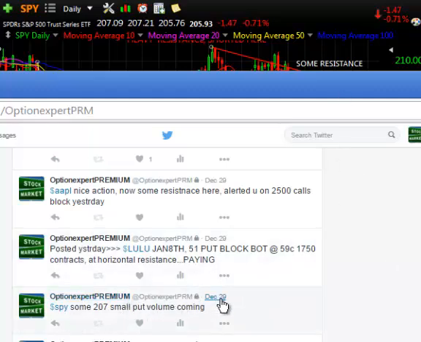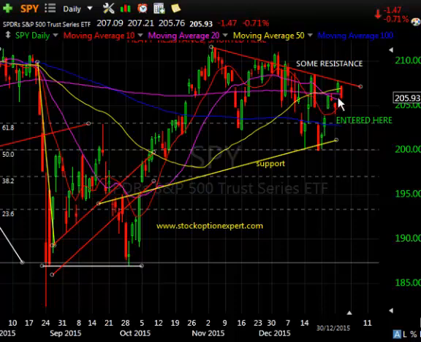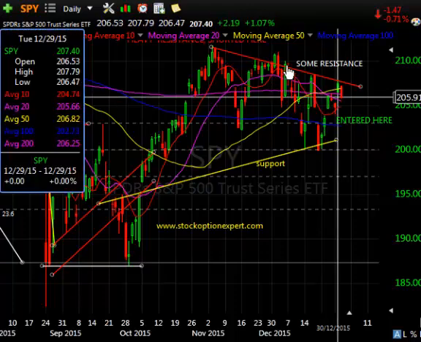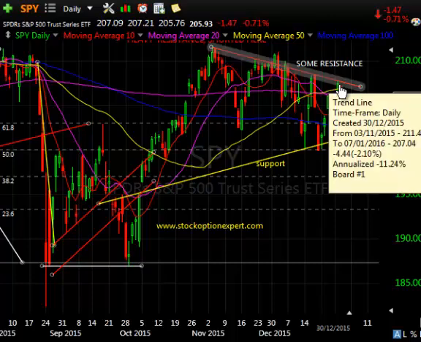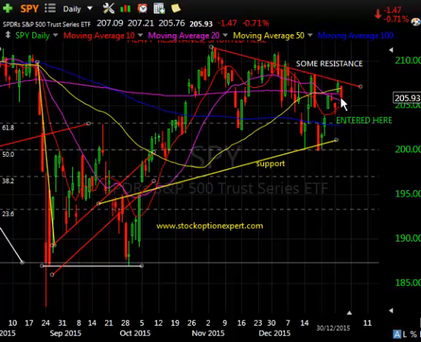Yesterday, December 29th at 11:49, that was the first alert telling our members some 207 small put volume coming in. It did push a little and then hit this resistance line, and today it pulled back, coming down more than $2 over the last 2 days.